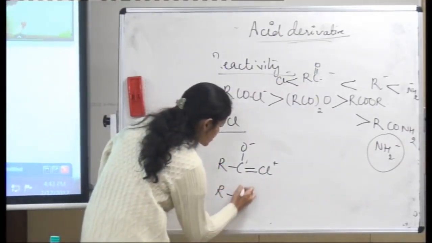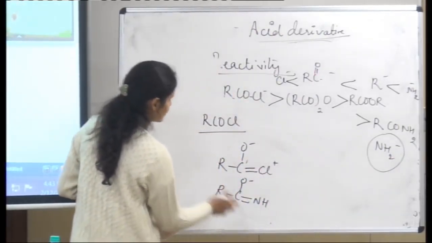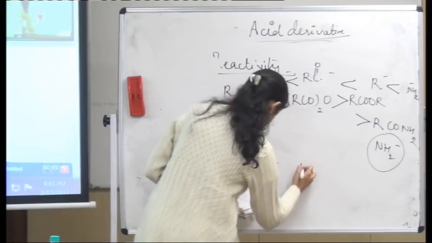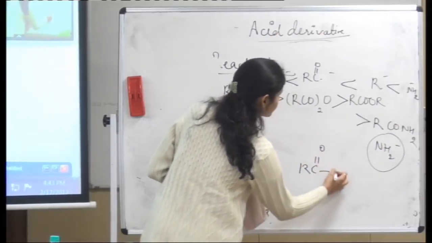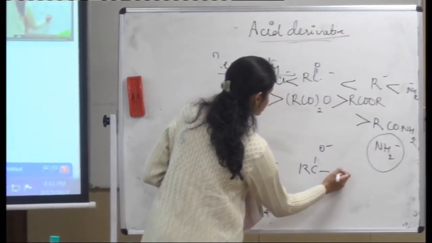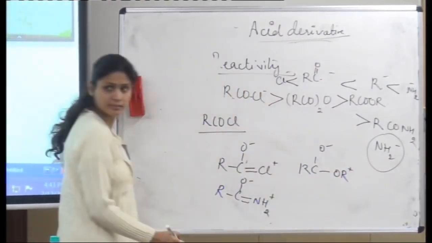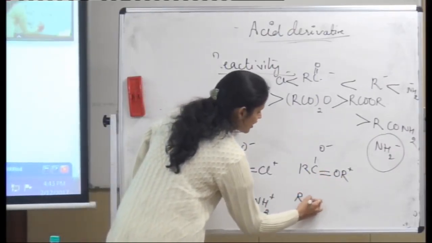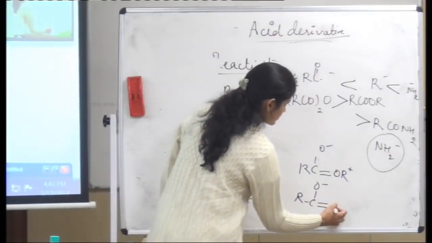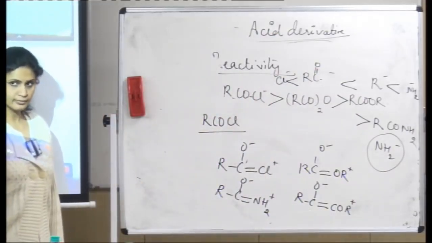Again I can write the other structure as RCO minus and NH2 plus, and then RCO minus double bond OR, and then RCO minus double bond COR, right?